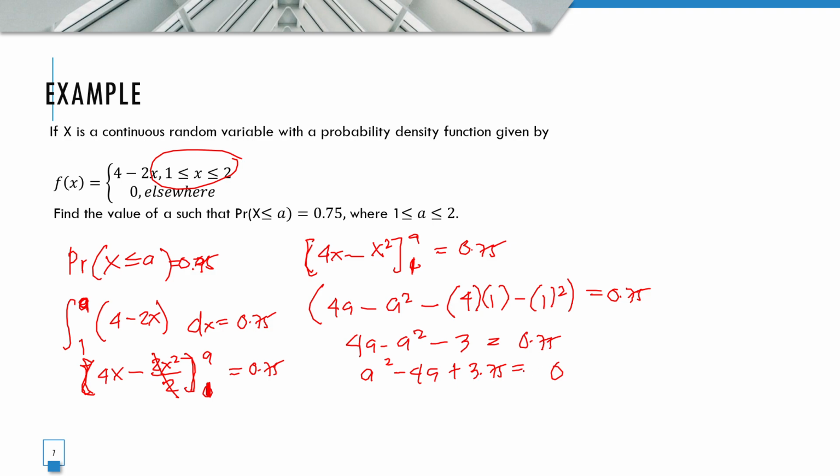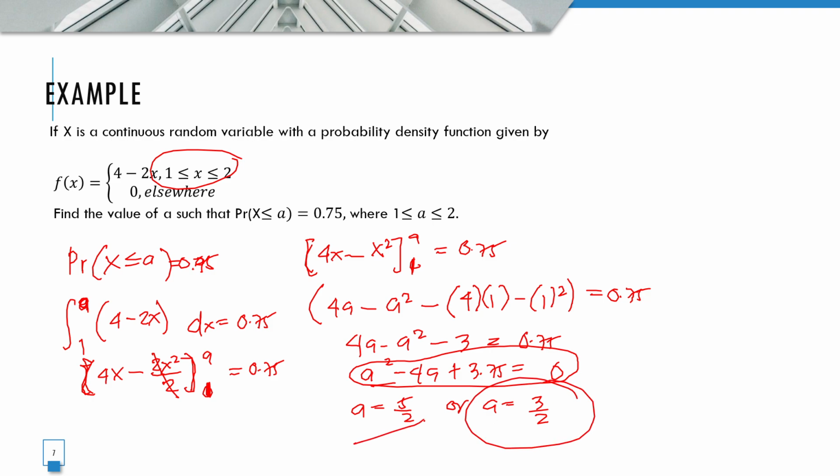If we're going to factor this one using your calculator, the result would be a is equal to 5 halves or a is equal to 3 halves. Since the interval is x greater than or equal to 1 and x less than or equal to 2, our value of a is 3 halves.